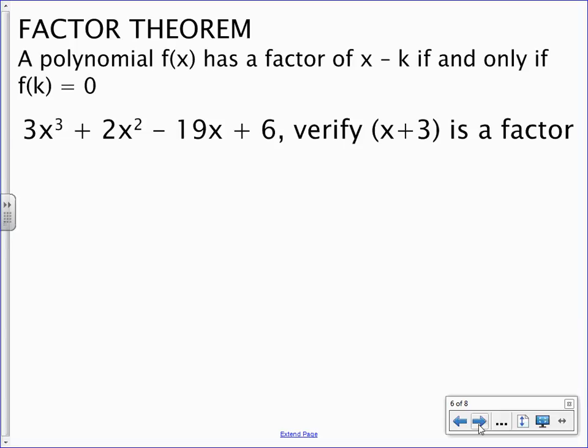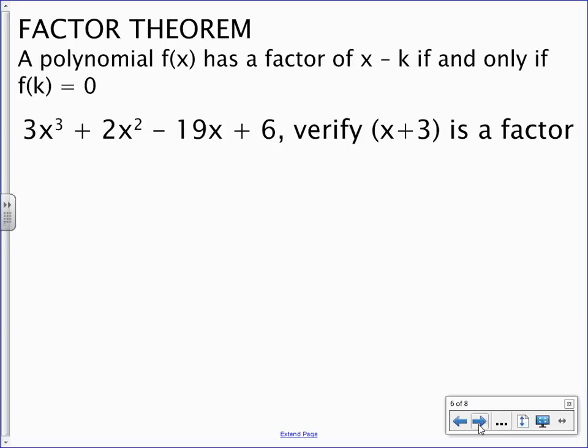Okay, so I have a question written up here asking you to verify that x plus 3 is a factor. How could we verify that we have a factor? Synthetic division. And what are we looking for with synthetic division if this is a factor? Our remainder is 0, right?